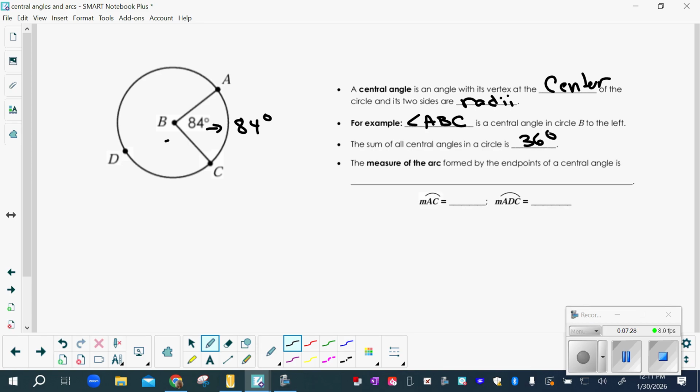And here's what we know. The measure of the central angle and the arc, these two together, equal each other. So the angle equals the arc. The central angle, the middle Monica angle, is the same as the arc between her little legs.